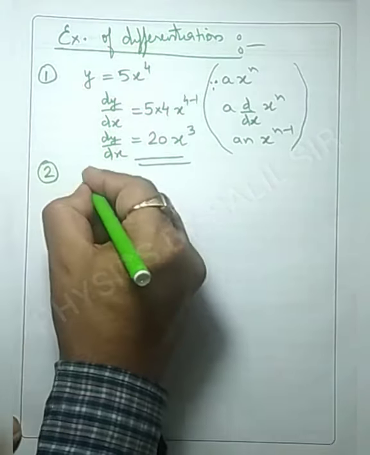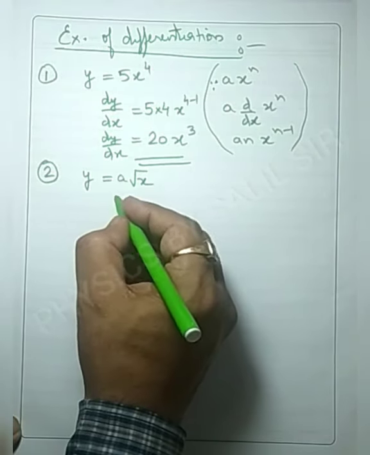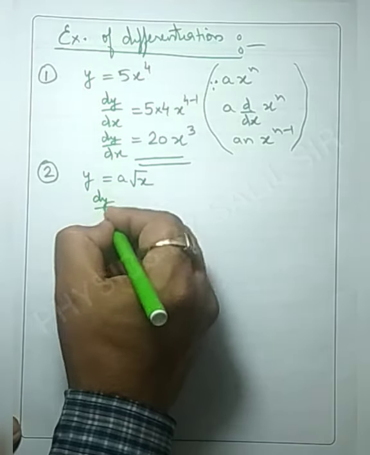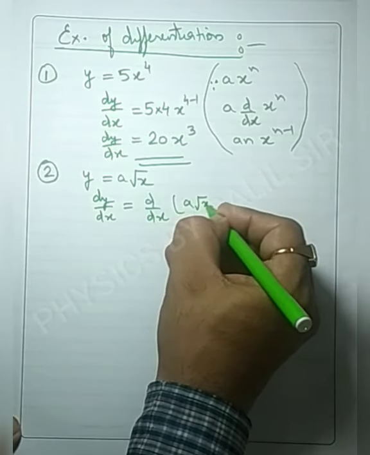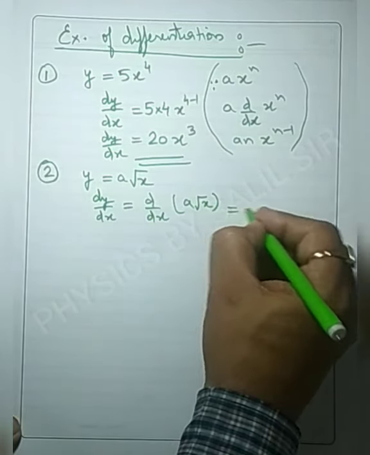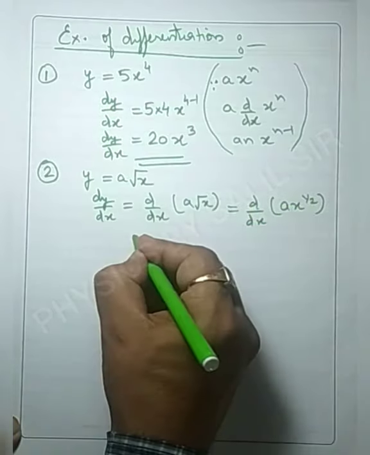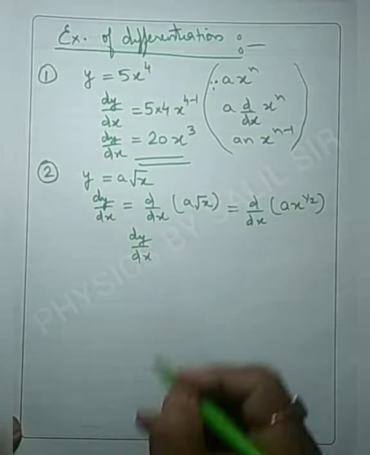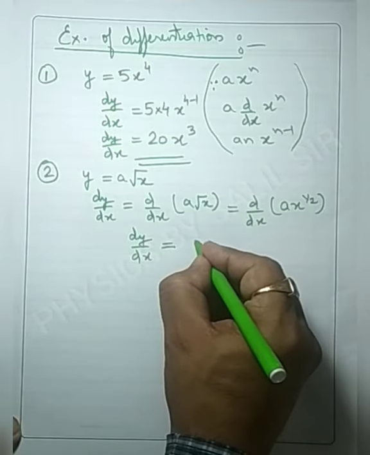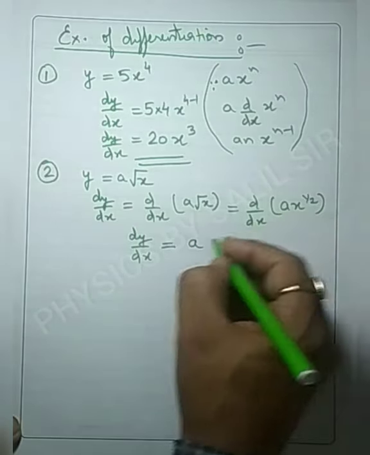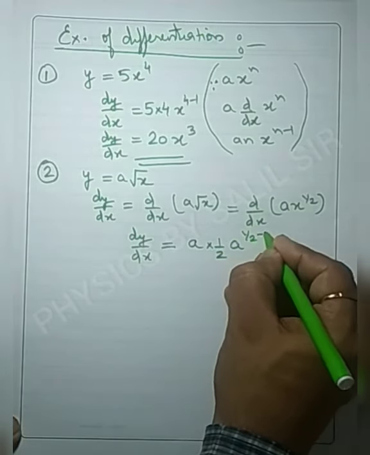Similarly, take another example. y is equal to a under root x. How can you differentiate this with respect to x? dy upon dx is equal to d by dx of a under root x, and you all know that under root x can be represented as x to power 1 by 2. So dy upon dx is equal to a, 1 by 2 will come forward, into x to power n minus 1, meaning 1 by 2 minus 1.